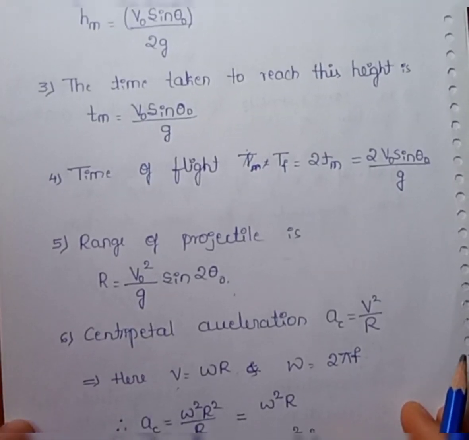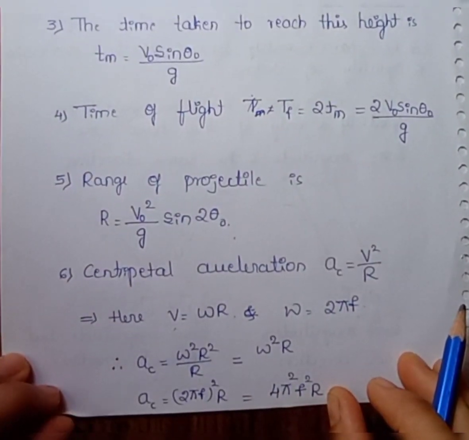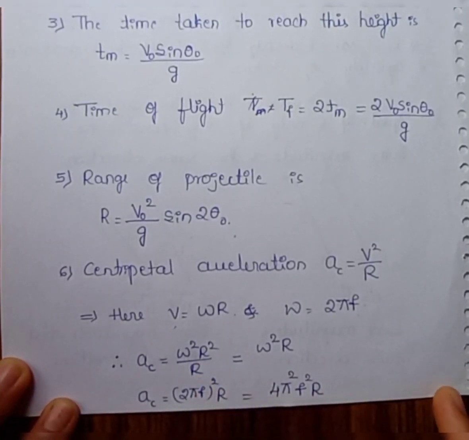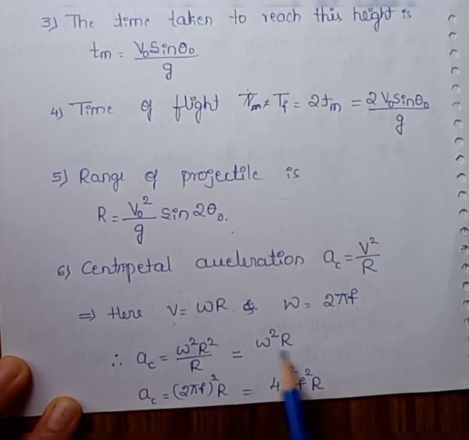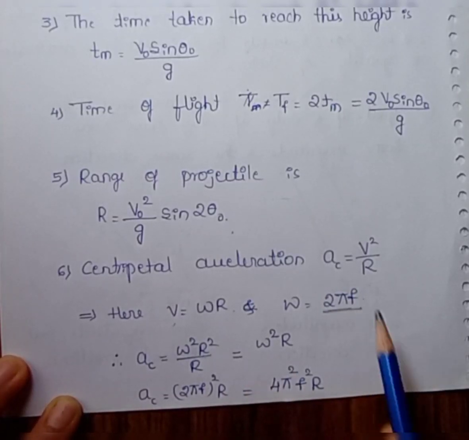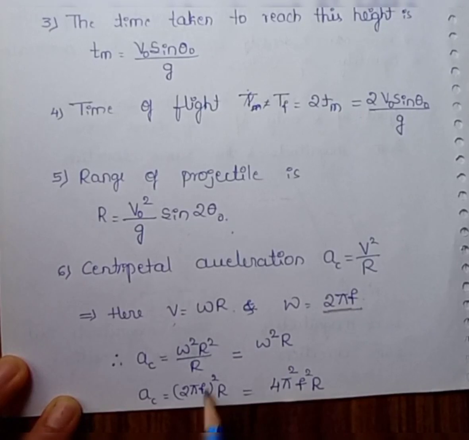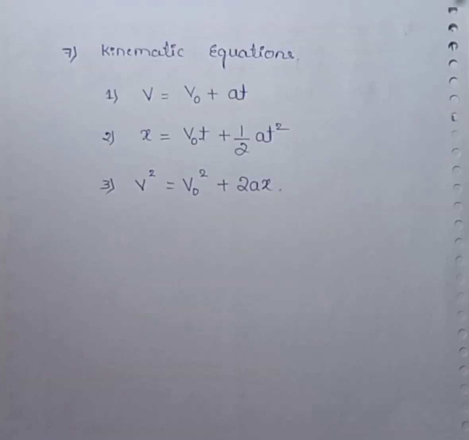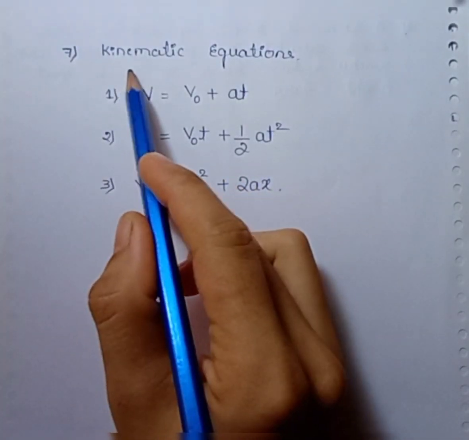Then ac can be written as v square, which means omega square R square divided by R, which equals omega square into R, because R gets cancelled in numerator and denominator. In place of omega, we write 2 pi f, which gives 2 pi f whole square into R, which equals 4 pi square f square into R. Next formula is kinematic equations.